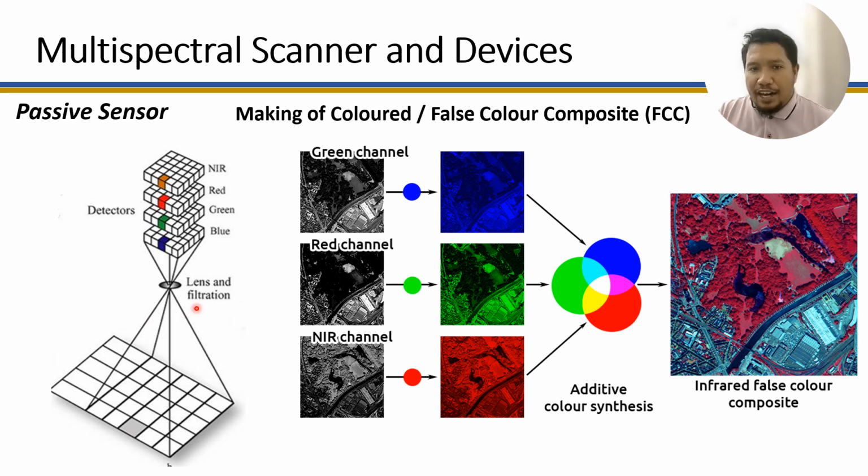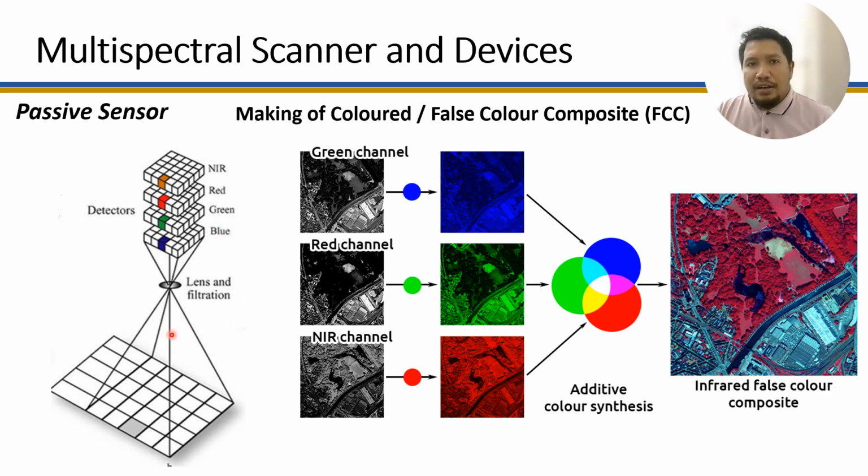And then we also have lens and filters. The lens focuses the radiation onto the detectors, and the filters ensure only the desired wavelengths reach the detectors. And then we have the spectral bands here. The system shows 4 bands: near infrared (NIR), red, green, and blue, representing different parts of the electromagnetic spectrum.